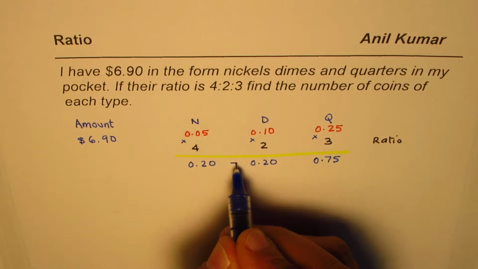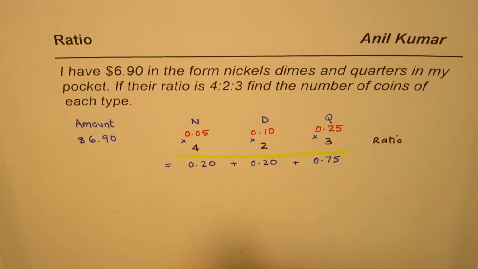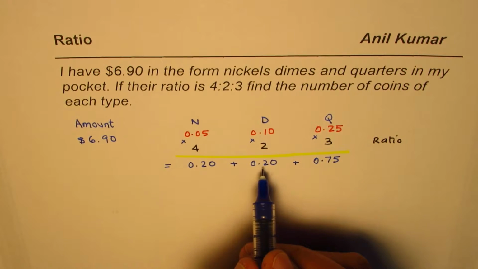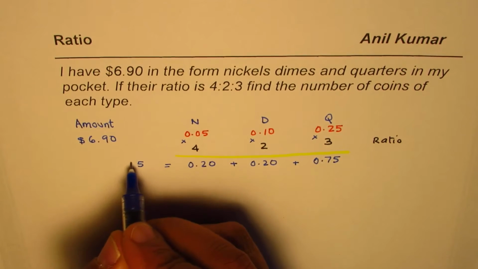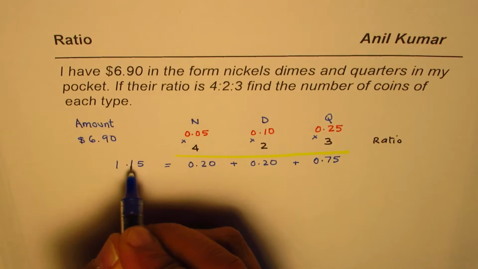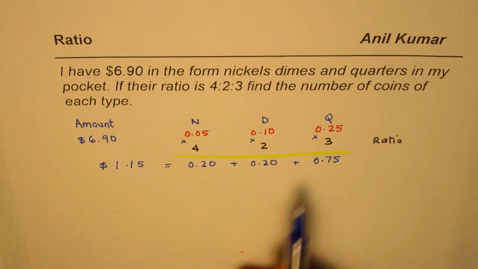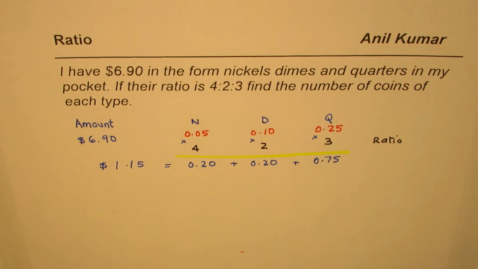Now if you add them up, what is the total amount? This total amount is, we can use the calculator, $1.15, correct? So that is the amount if we have 4 nickels, 2 dimes, and 3 quarters. But the question here is that we need an amount of 690.